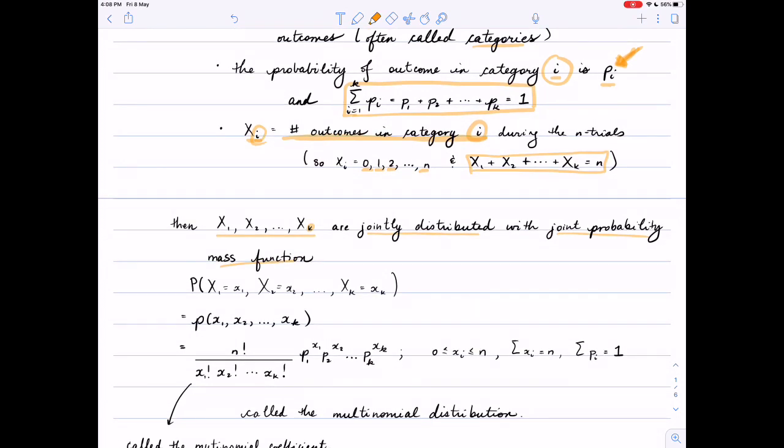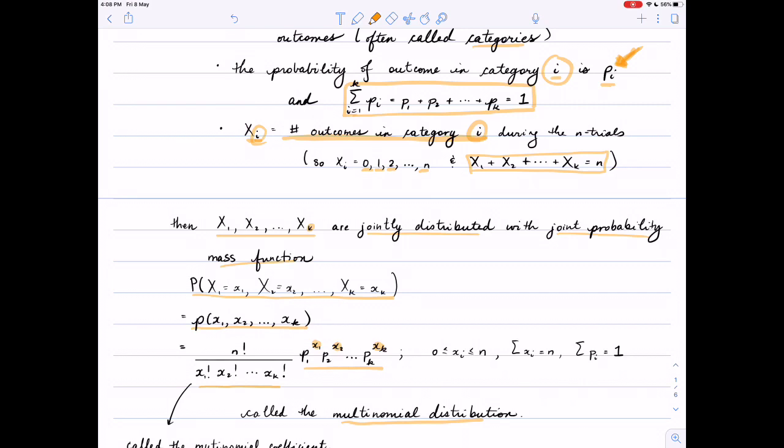So the probability of x1, x2 up to xk is just like any mass function, the probability that x1 equals little x1, x2 equals little x2, and so on and so forth. This is the multinomial distribution. It is n factorial over x1 factorial times x2 factorial all the way up to xk factorial times the product of the probabilities to the number in each category, right?